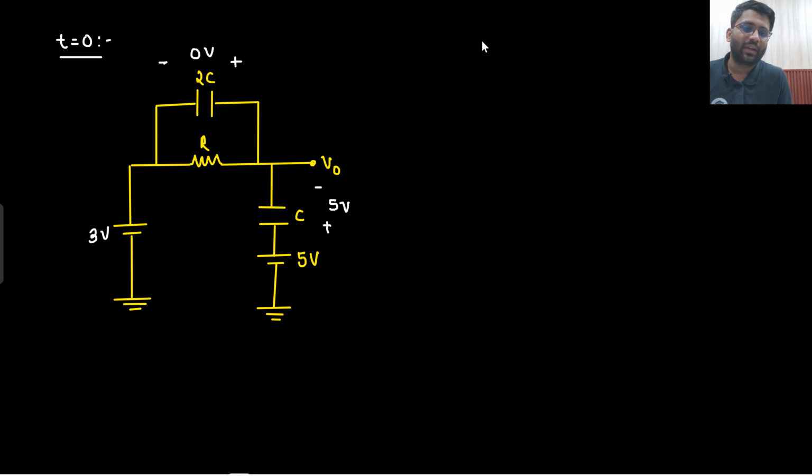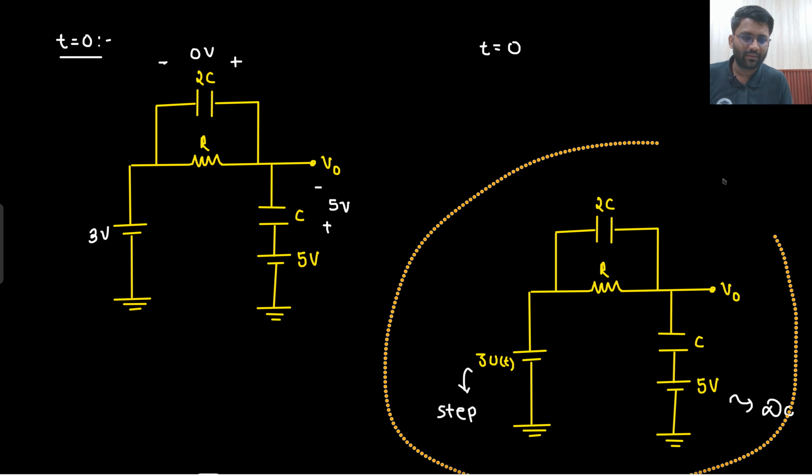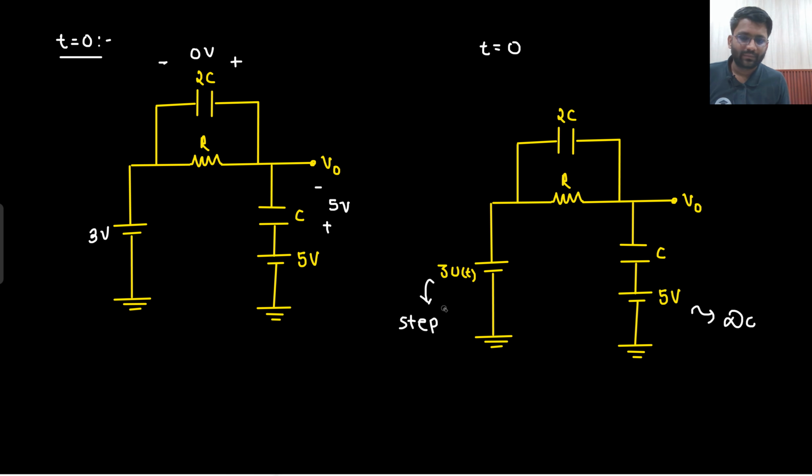Now at T equals 0, can you draw the circuit? How will I draw the circuit? Sir, here there is 3 volt. Or I will copy the circuit simply. This is 3 volt only.